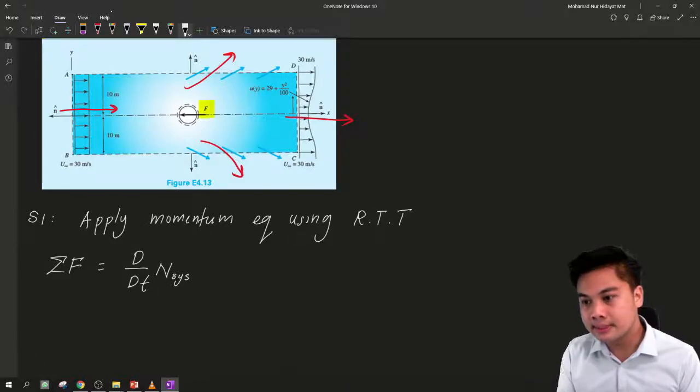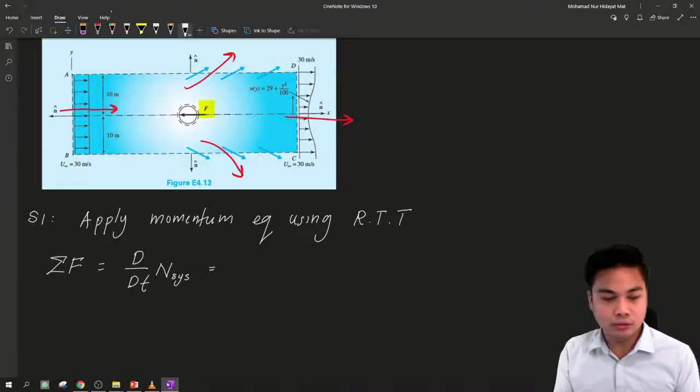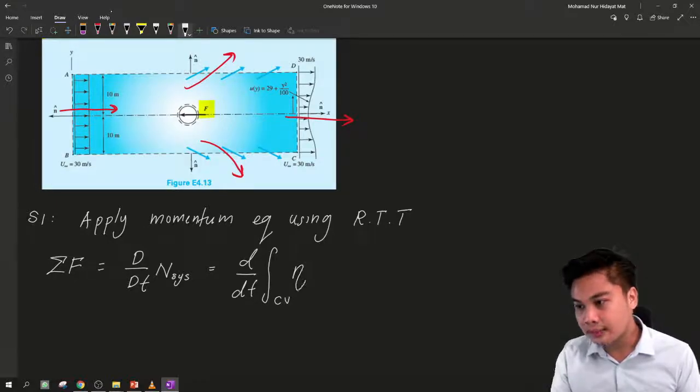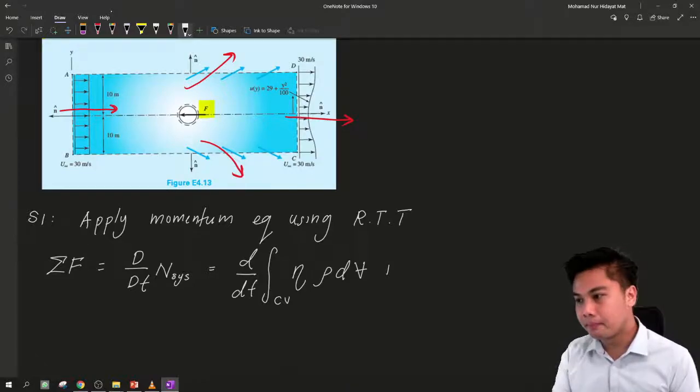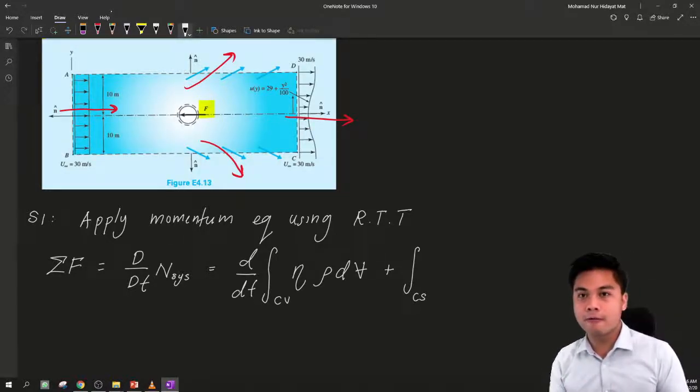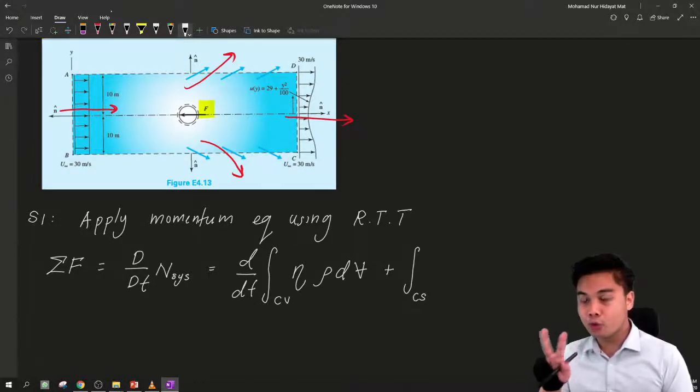The Reynolds transport theorem starts from here and is equal to small d over dt of the integration over the control volume of the intensive property, rho dV, this is a volume, plus the integration over the control surface. Remember that when we involve RTT, we have 2 components, control volume and control surface.